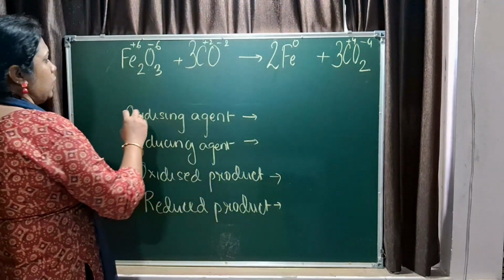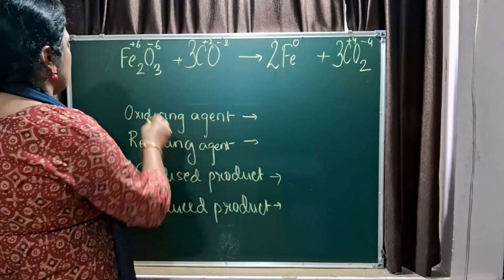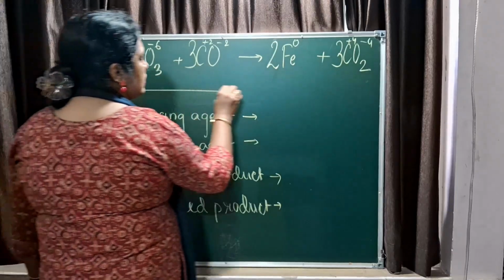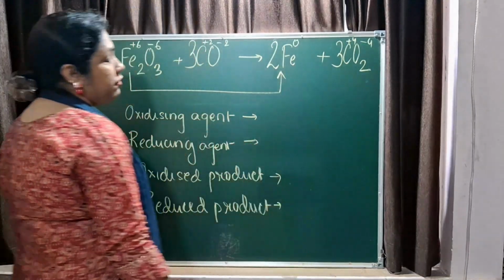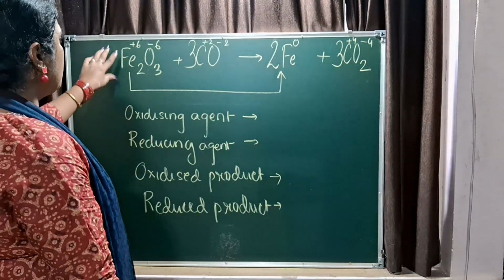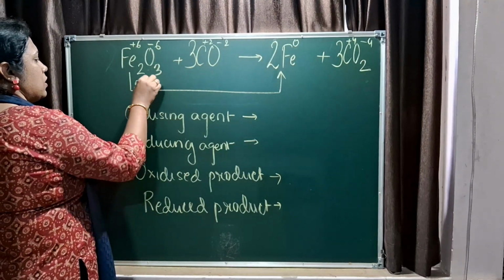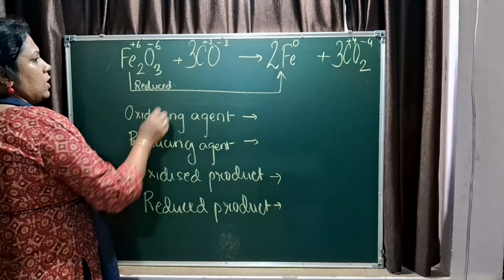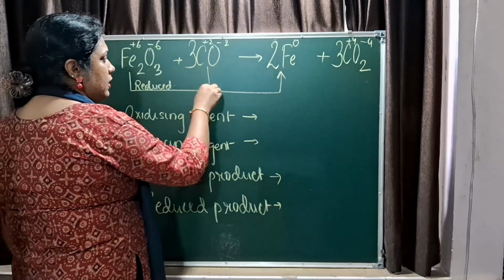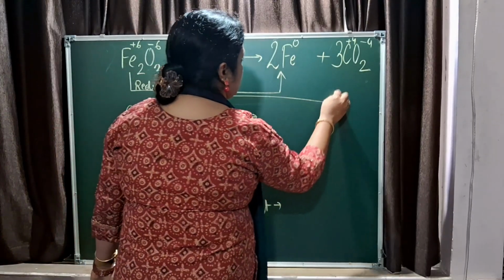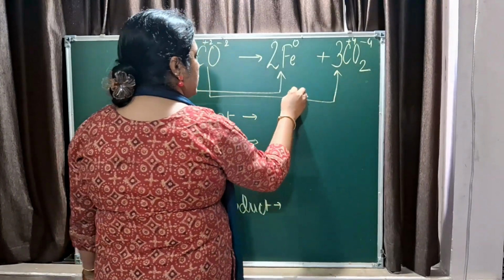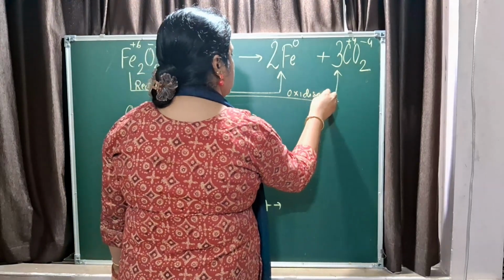Now we have to find out what is getting oxidized, what is getting reduced. Now iron here is getting to Fe, that is metal. So plus 6 to 0, it is getting reduced, correct? And here carbon from plus 2 to plus 4, so it is getting oxidized.